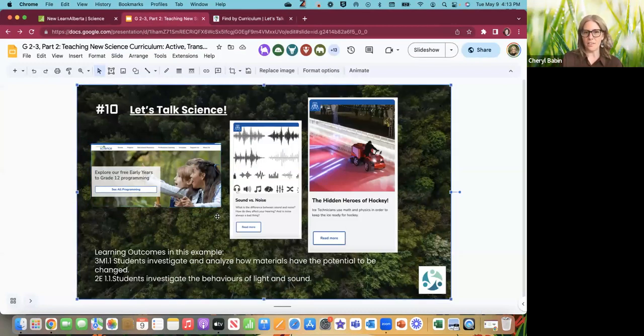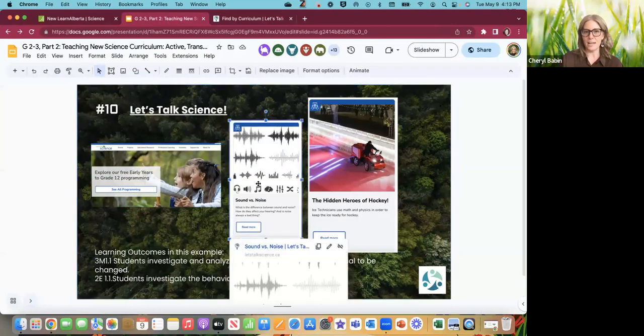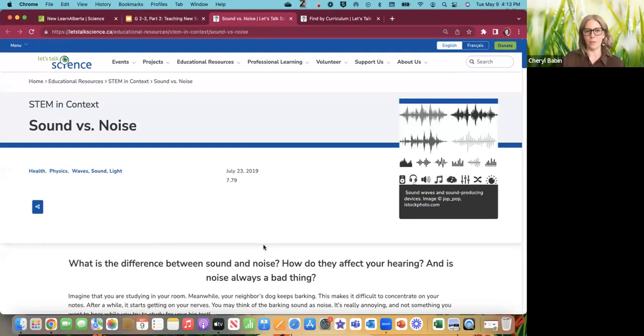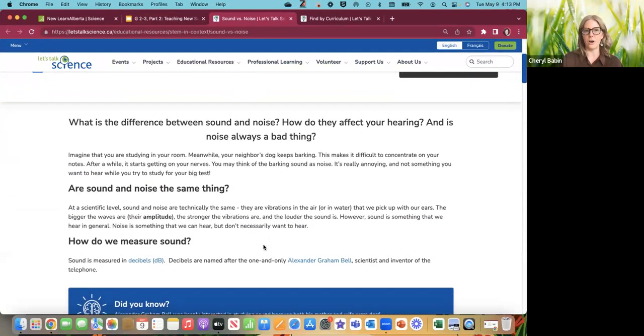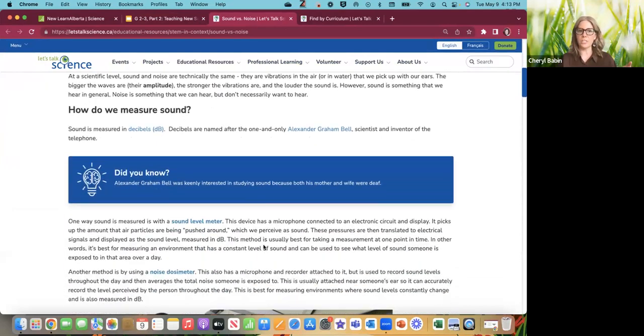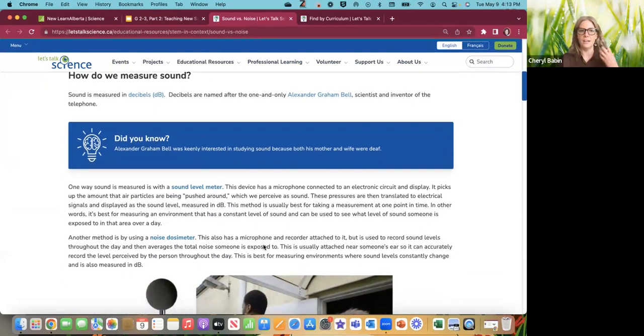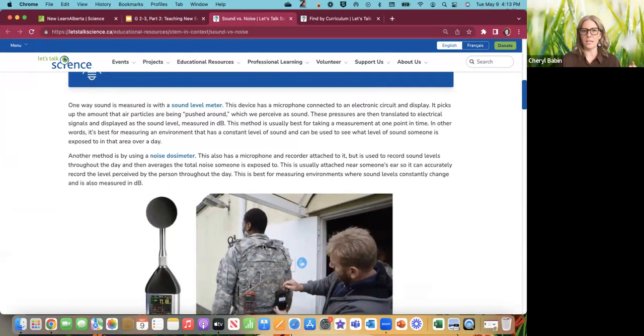Here's one example that I thought was interesting, sound versus noise. For teachers, that's a good one, right? But you can see here that when you click into the resource, there's a little bit of background information for us as teachers so that we can use some of those different aspects.